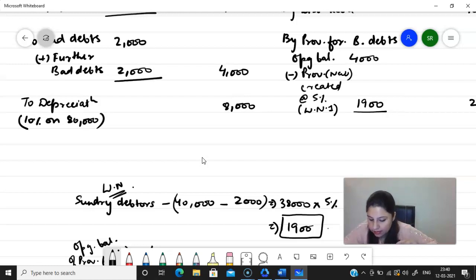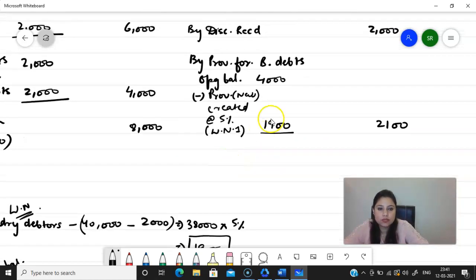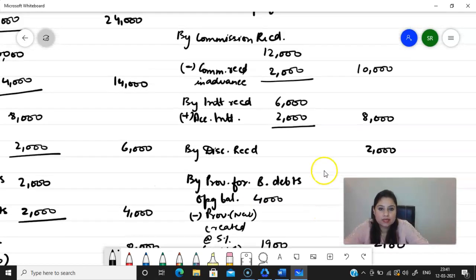So let us now calculate the total amount. As we can see, it looks like the credit side would be more, and we will have a profit only here. So let us first ascertain the total of the credit side.